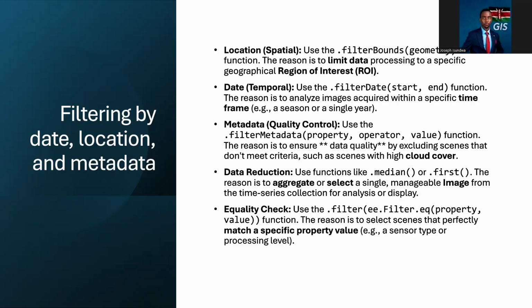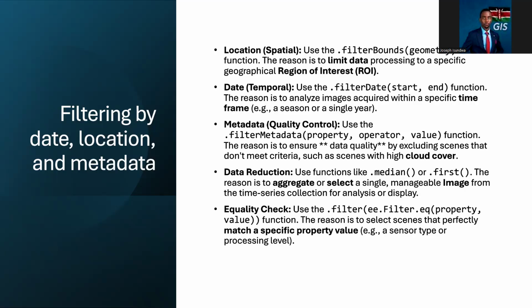We also have filtering for data reduction. For example, we have a satellite image collection that covered 1 year from January to December, and we want to know what was the first image. So we can take only the first image, and maybe the last image, to compare how the year started and how the year ended.